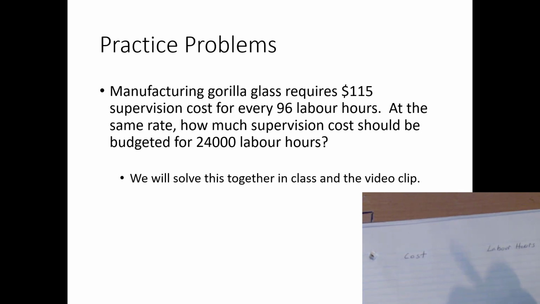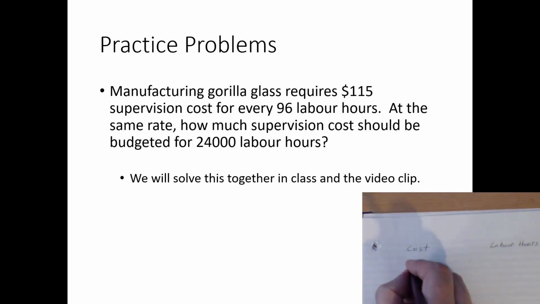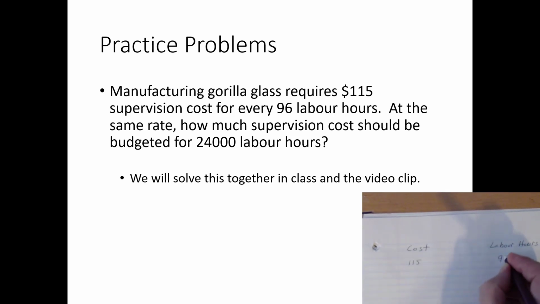Now I look at my relationship and I see that the cost is $115 and it's for every 96 labor hours. And then the second sentence is how much supervision cost. So clearly I don't know what that is. And the ratio to that will be to 24,000 labor hours.